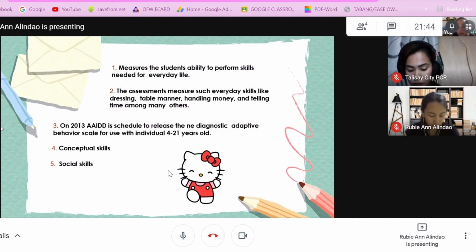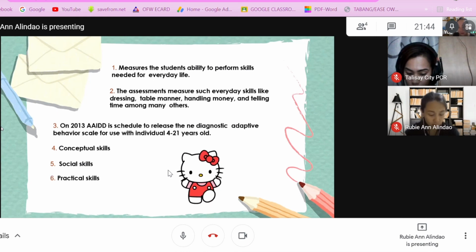Social skills is any competence facilitating interactions and communication with others, where social rules and relations are created, communicated, and changed in verbal and nonverbal ways. Six is the practical skills.